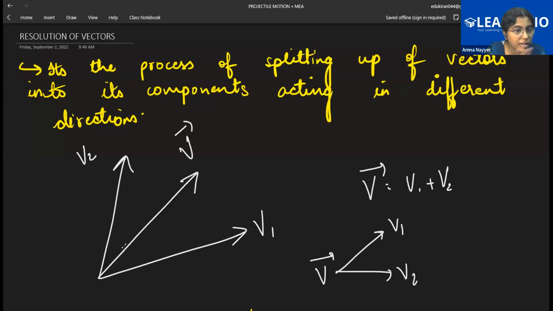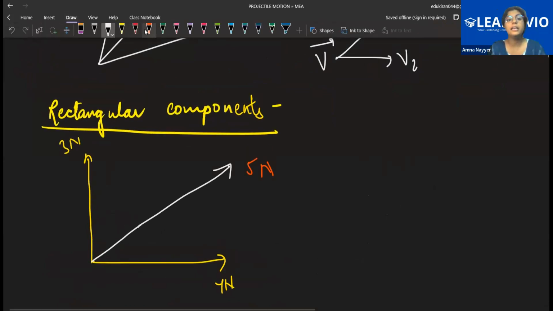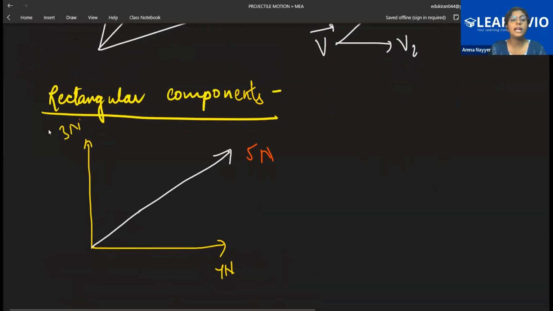Here, this is a random splitting of a vector into two, and that will not lead us towards the x-axis or y-axis. So we have to resolve it along the x-axis and y-axis such that the components make an angle of 90 degrees to each other.